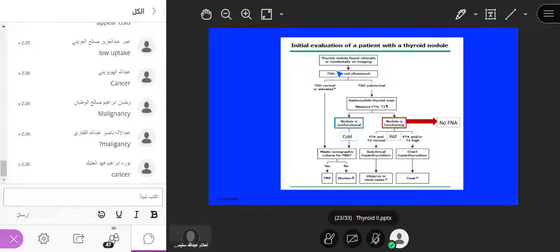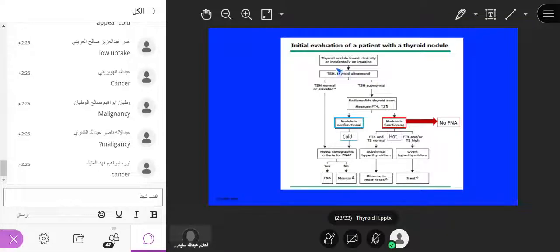If the TSH is normal or elevated, so this patient either has normal thyroid function, or elevated, there is a sign of hypothyroidism, then I go and see the ultrasound features. If it meets the criteria of the FNA, like a solid nodule more than a centimeter, then yes, we do the biopsy. If not, like a cystic nodule, then we don't have to do biopsy.